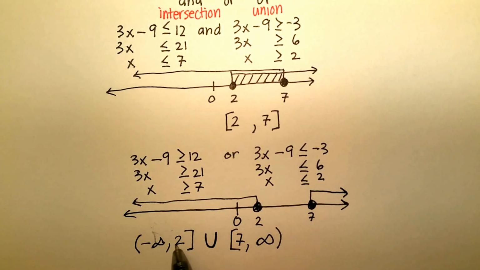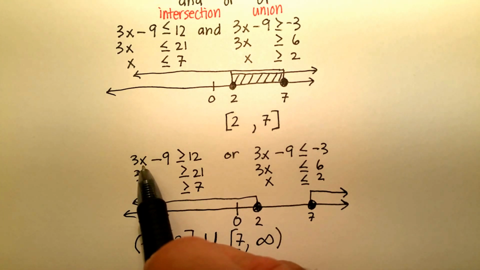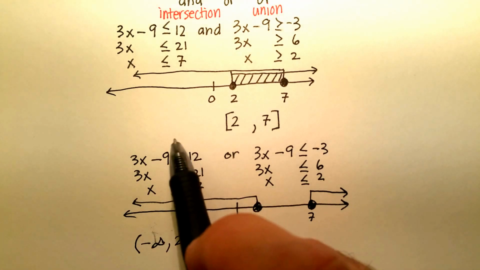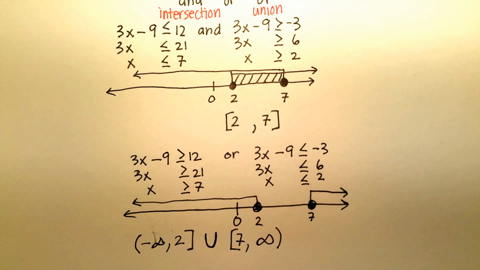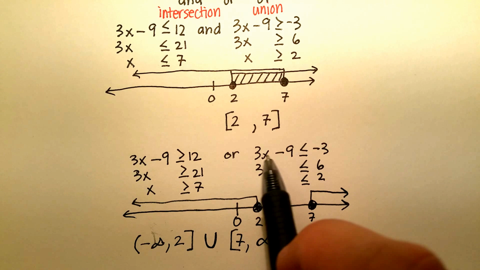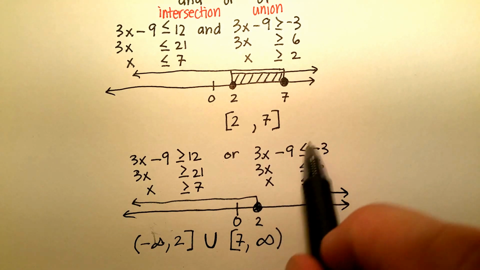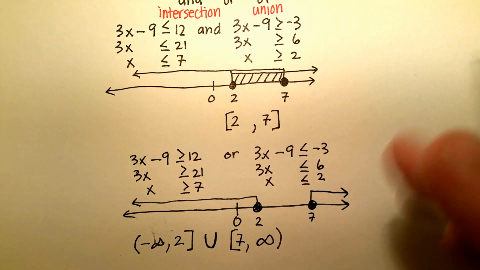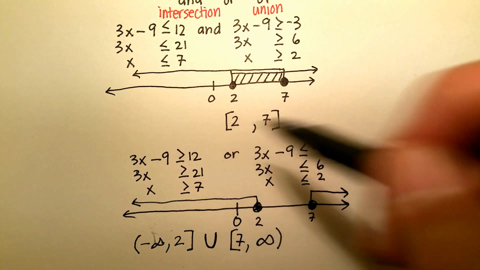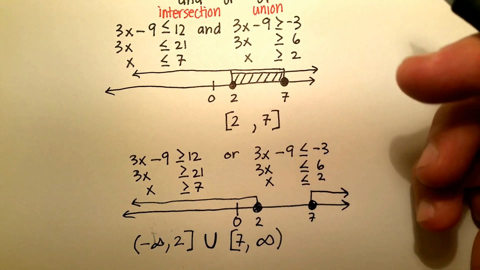Let's just choose a number that's less than 2, like 0, for example. 3 times 0 is 0, minus 9 is negative 9. Greater than or equal to 12? No. But 3 times 0 is 0, minus 9, negative 9, less than or equal to negative 3? Yes. So it actually works for one of the two inequalities.